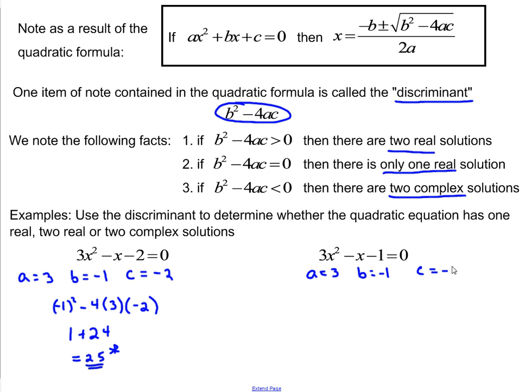Okay, so when we work this into our equation, negative 1 squared for b squared minus 4 times a, which is 3, times c, which is negative 1, we're going to get 1 plus 12 this time, which is 13. Okay, so in both of these cases, we're going to get two real solutions.